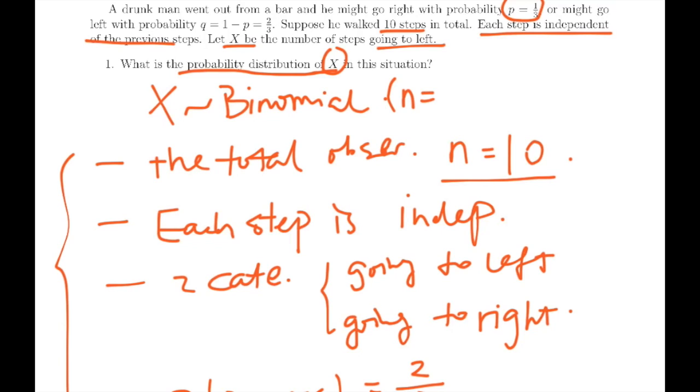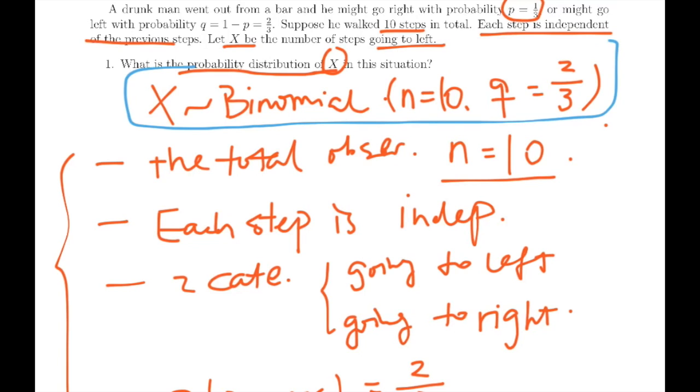So n is equal to 10, and the success probability is equal to q equal to 2/3. This is our probability model in this problem.